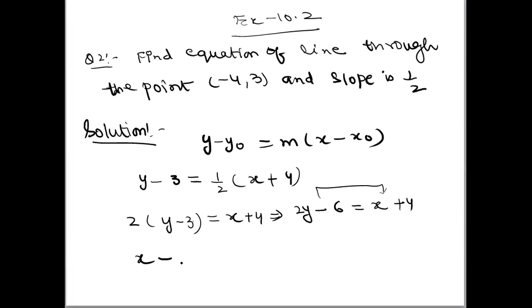So x minus 2y plus 4 plus 6 is equal to 0, which implies x minus 2y plus 10 is equal to 0.